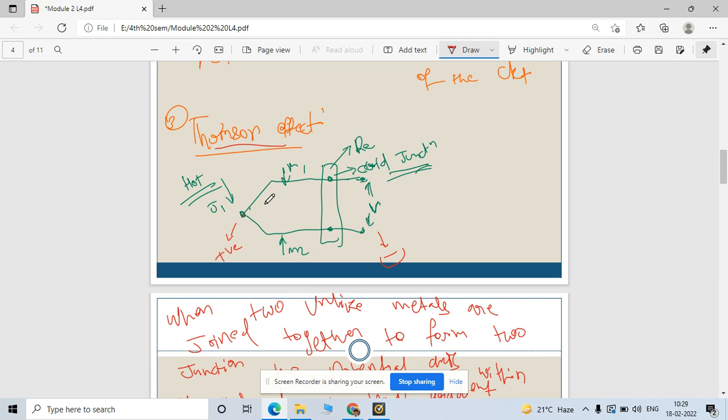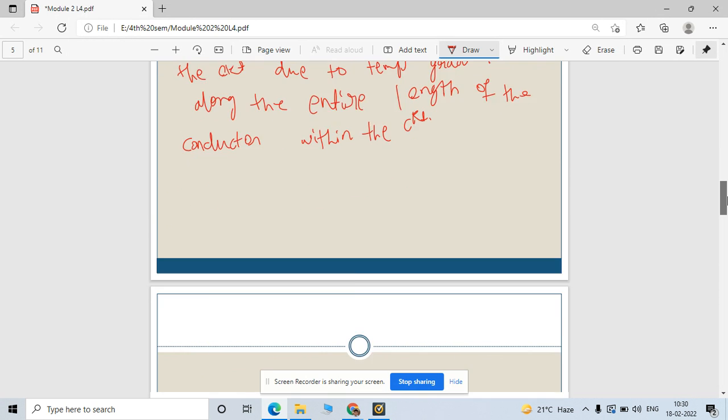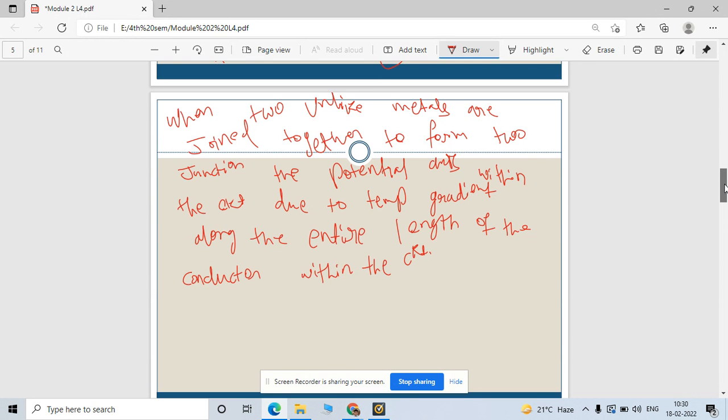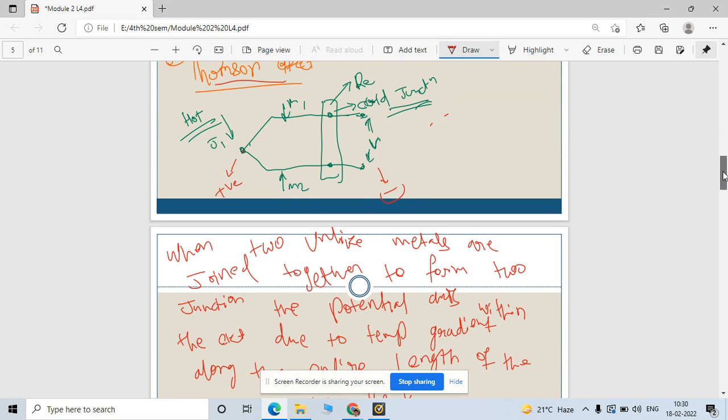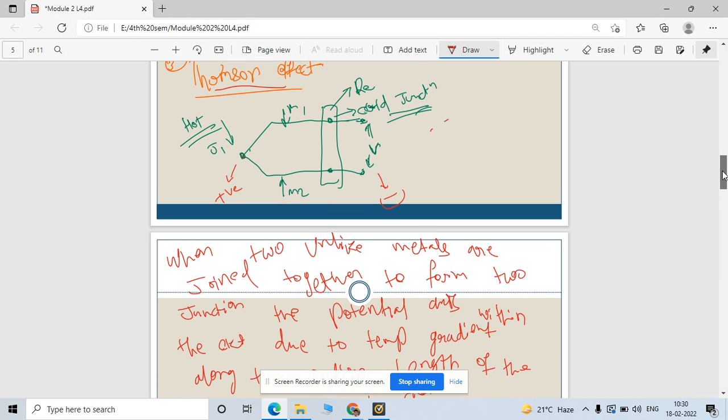In a similar way, this is a series combination of the circuit, and you can just add all the voltages if the potentials are in the proper manner. That is why we generally neglect the Thomson effect for the entire part.